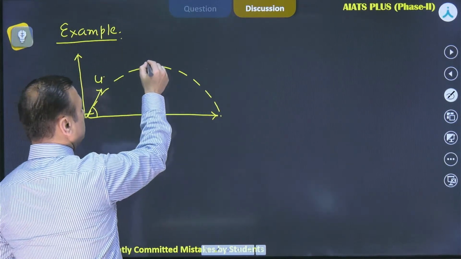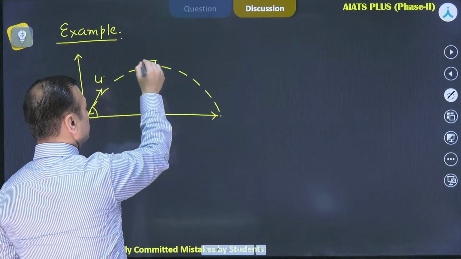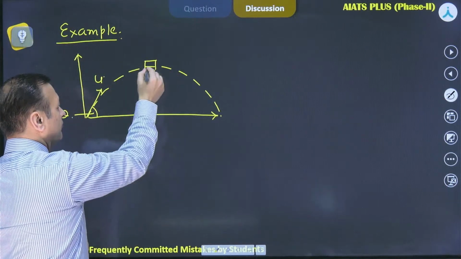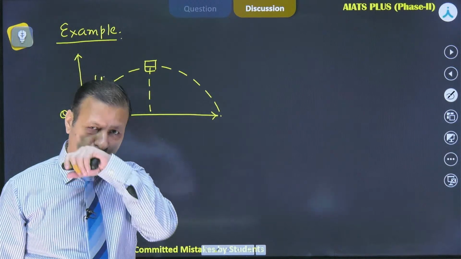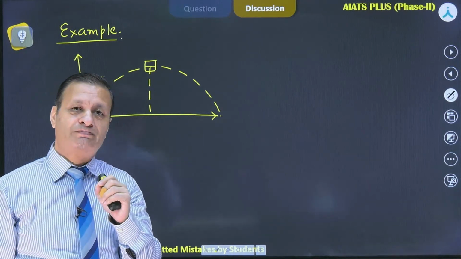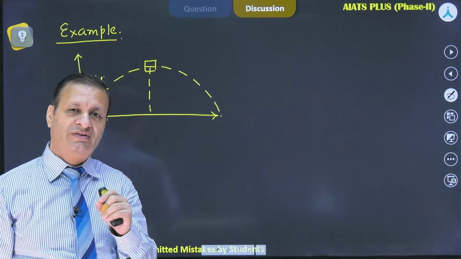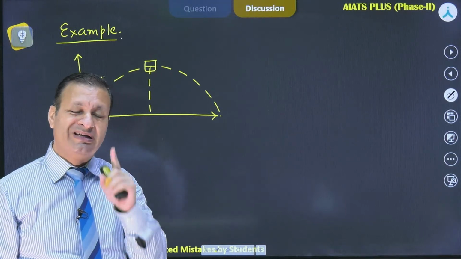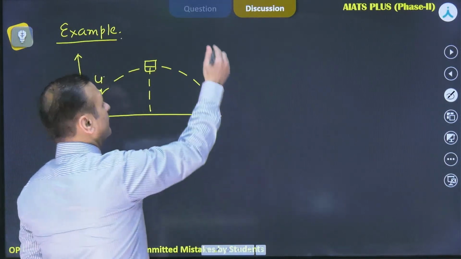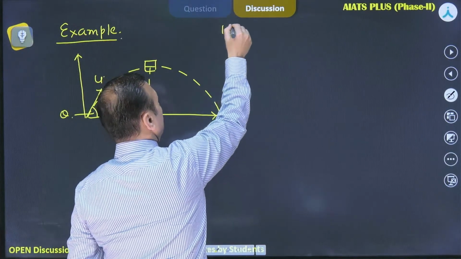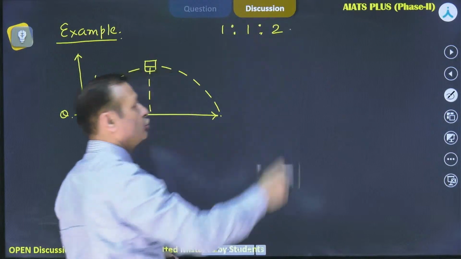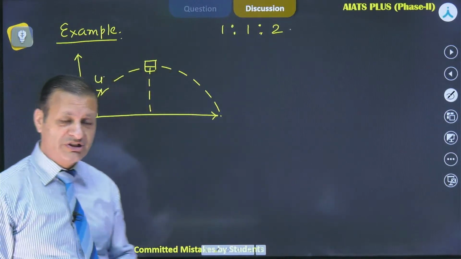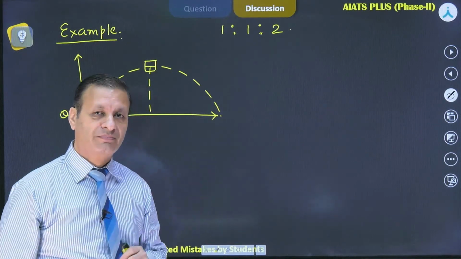At its highest point, so this is the highest point, this is split, or broken into, let's suppose, 3 pieces, and the ratio is 1:1:2. Just try to follow the example.